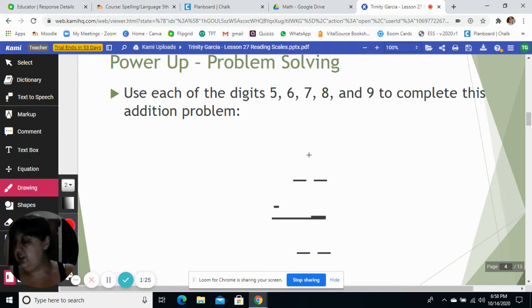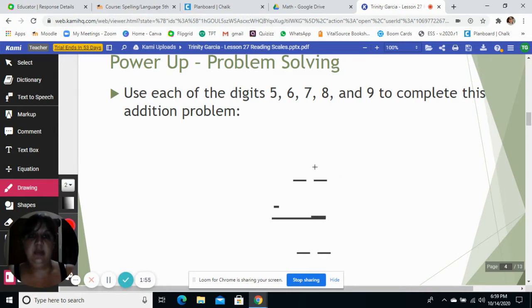We're going to need to know that we have to have a number here on top that is big enough to subtract the number on the bottom, unless we need to carry a number, which is possible, right? All right, so let's see if we can figure this out, okay? What number is big enough to subtract a smaller number?